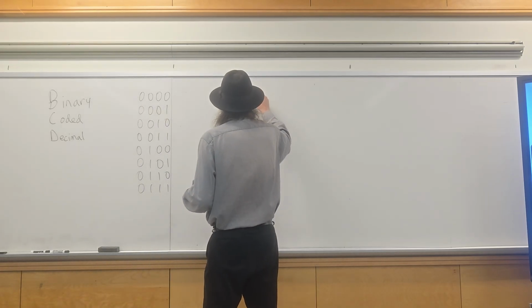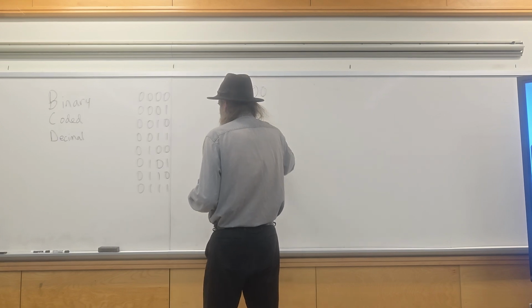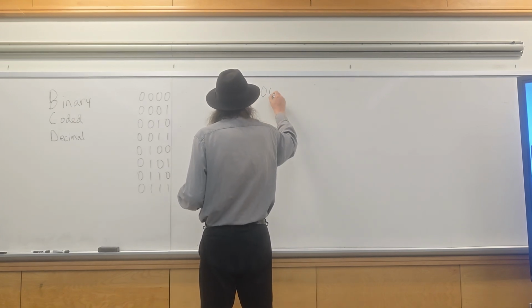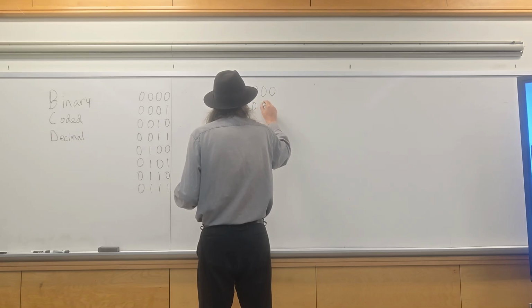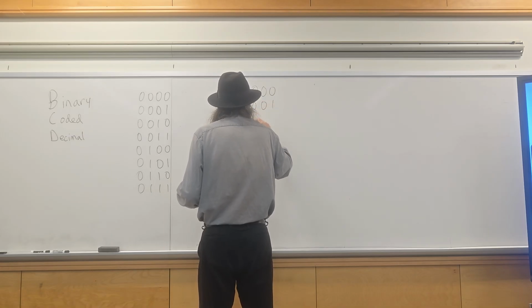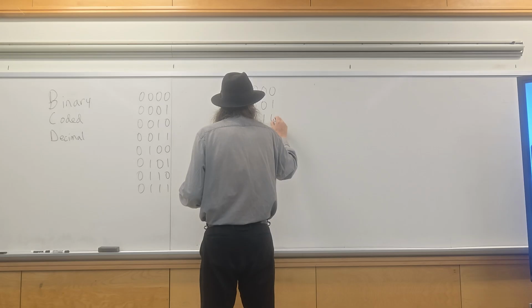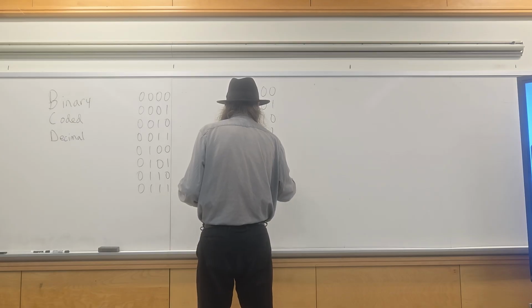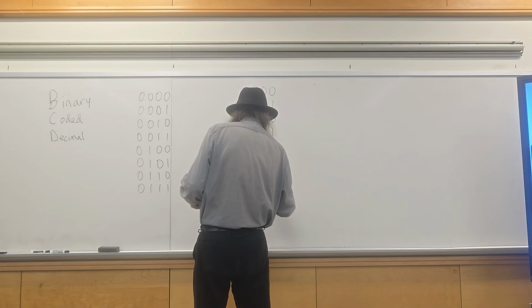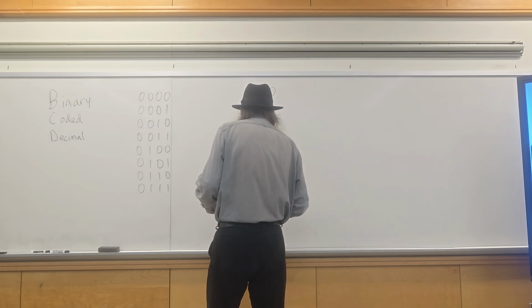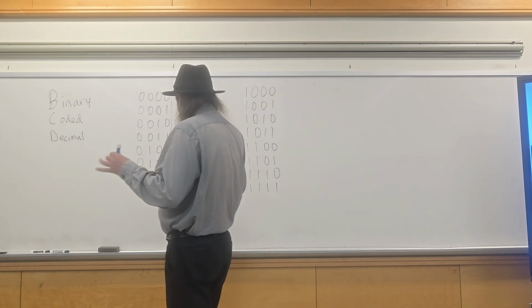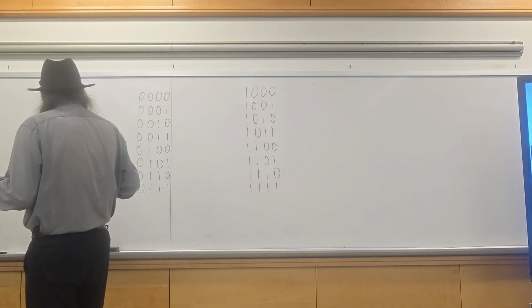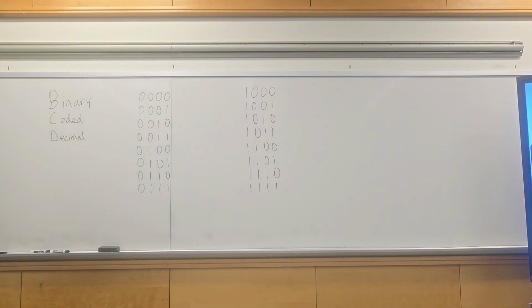Okay, so those are your 16 combinations of 4 bits.